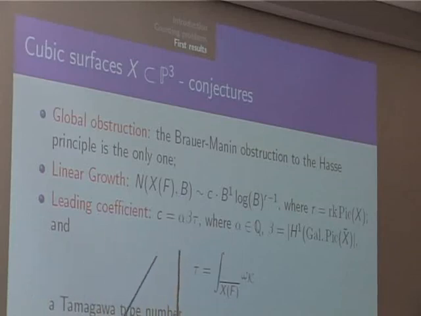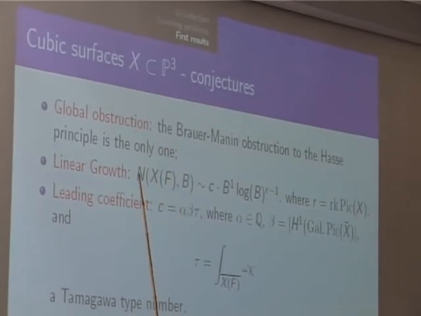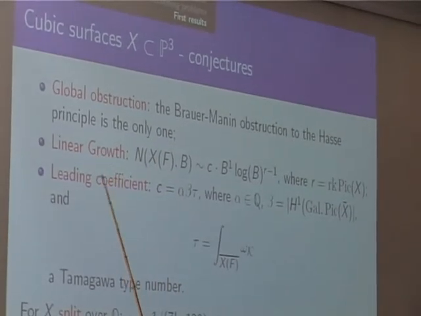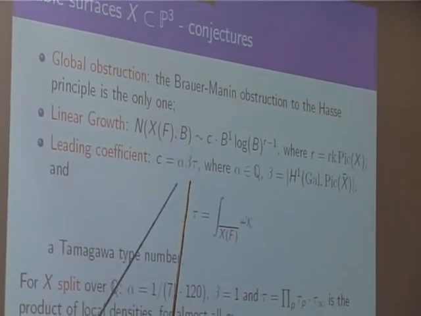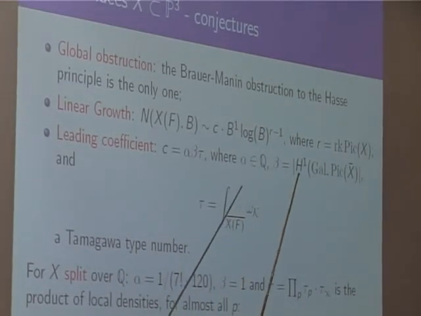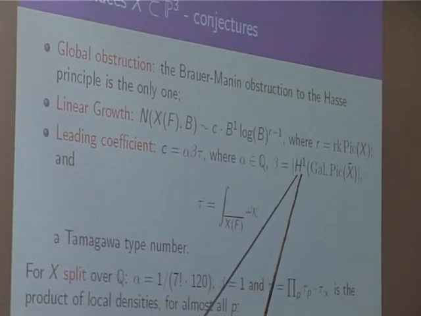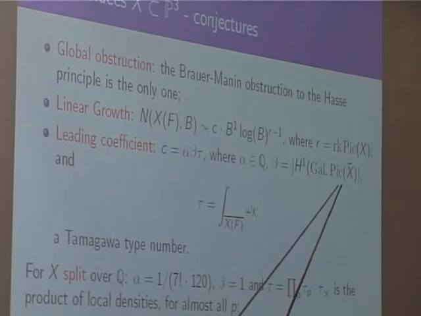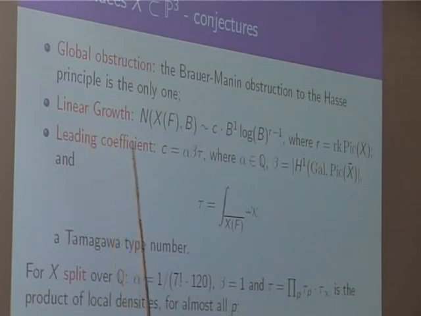What about the leading coefficient? Now the leading coefficient is not going to be a product of local densities like we've seen before for hypersurfaces in dimension bigger or equal than 3. It's a rather complicated thing, so these are the conjectures. It's a product of 3 numbers: alpha is some rational number, which I'll introduce later on. Beta is the order of a Galois cohomology group, and you've probably seen it already, or will be seeing it later this week.